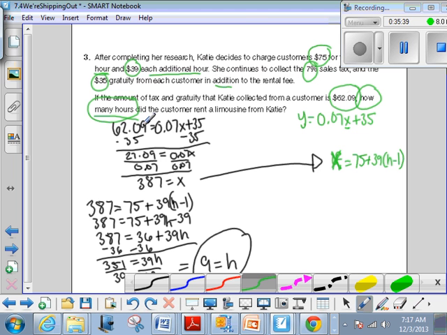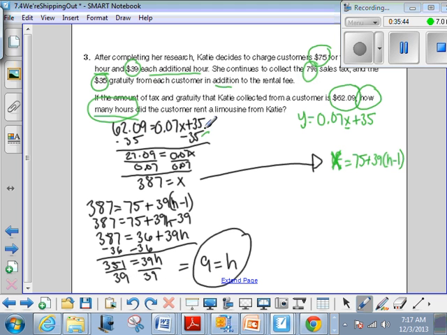I then plugged that into our other equation to look for the number of hours. Before I could start solving the equation, I had to simplify by using the distributive property. Then I simplified that by combining the 75 and 39. That gave me 387 is equal to 36 plus 39H.